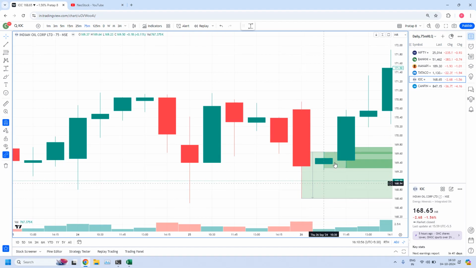And not only that, this zone has confluence with the ITF zone. What is ITF? Daily. In weekly income trade, ITF is daily. Daily trend is uptrend. And it also has confluence with the HTF zone.